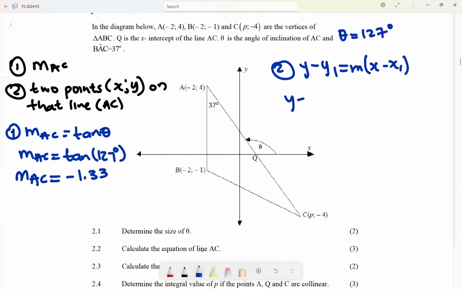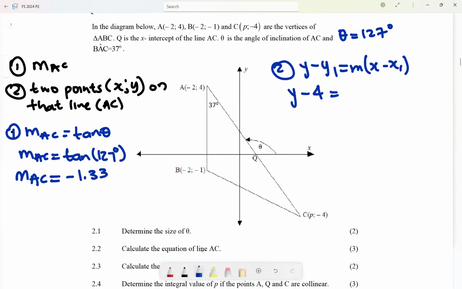You can also use y is equal to mx plus c and substitute m and this point here and get c, and then do your final equation. It's fine. But I prefer this one, y minus y1, the y you leave unshaken. Which point can I use? This point. Can you see that this point is the point of intersection of AC as well as AB? Yes. Minus what is y? It is 4 here. Can you see that 4?